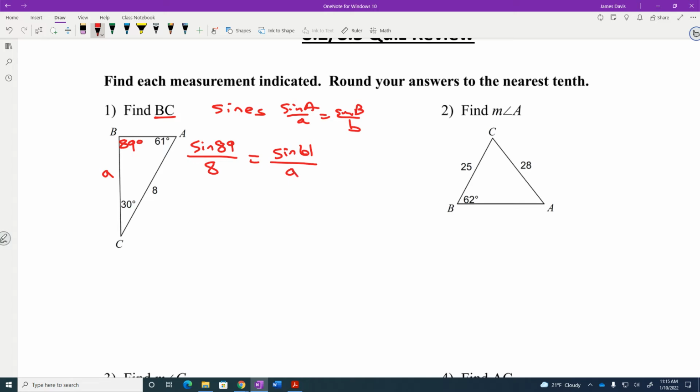You do need to make sure when you do this that you're showing some work, so show me that you're setting this up using the law of sines. And here we cross multiply: sine of 89 times a, and then 8 times sine 61. And then it's just dividing by what's attached to the a.